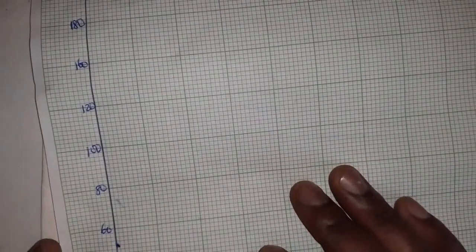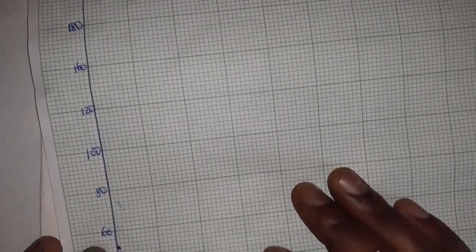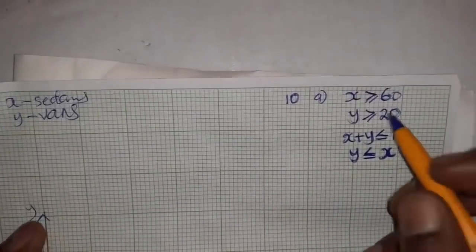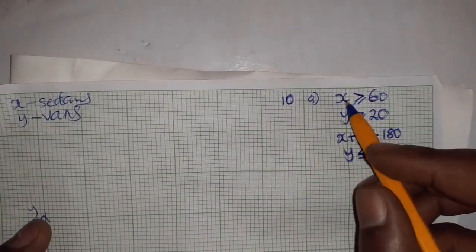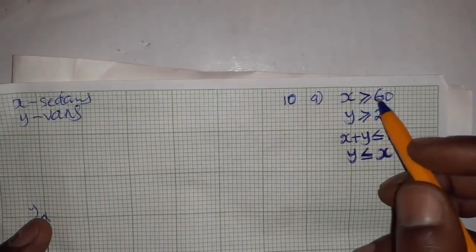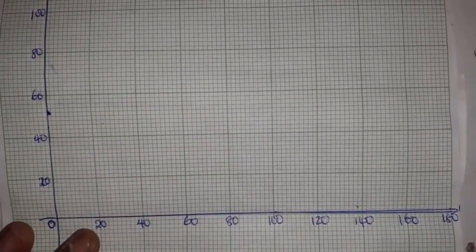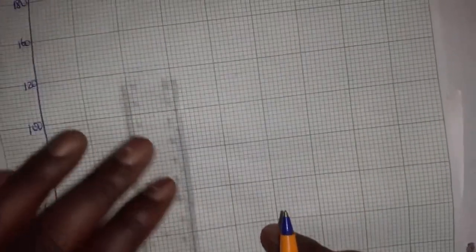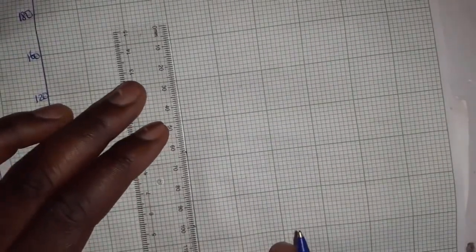So take note of the inequalities here. We have the first one, which is x is greater than or equal to 60. Where do we have that? Here. So we draw a straight line here.